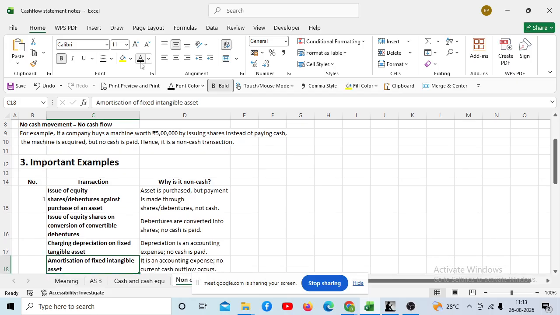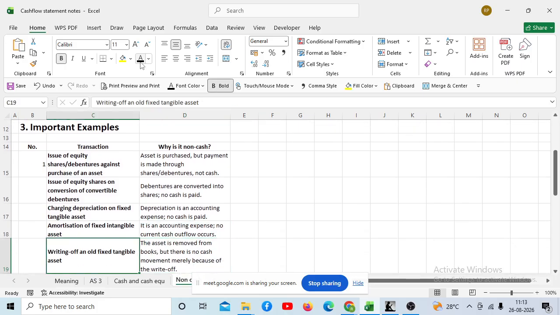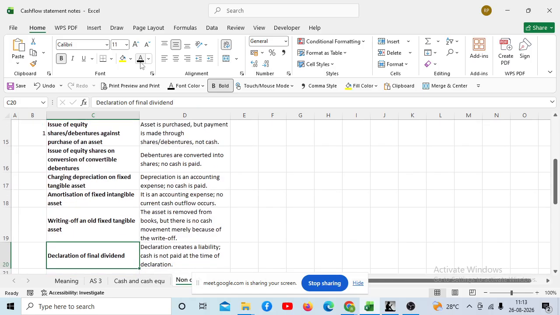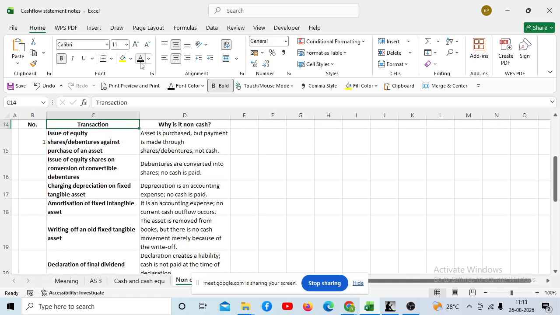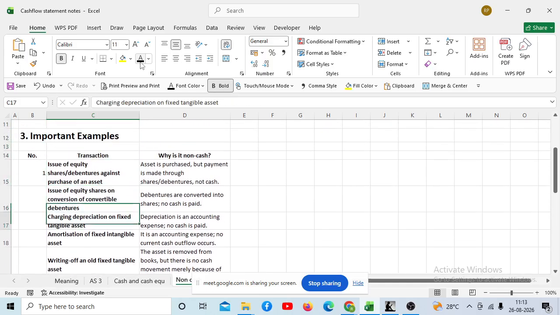Then similarly, amortization of intangible assets, this is also a non-cash item. Writing off old fixed intangible assets, this is also a non-cash item. And declaration of final dividend. Now only declaration does not mean that we have paid the dividend. So this is also a non-cash item. Okay, so clear what are the non-cash items?